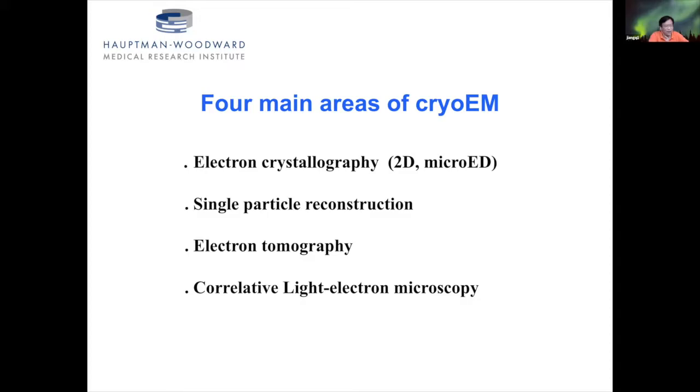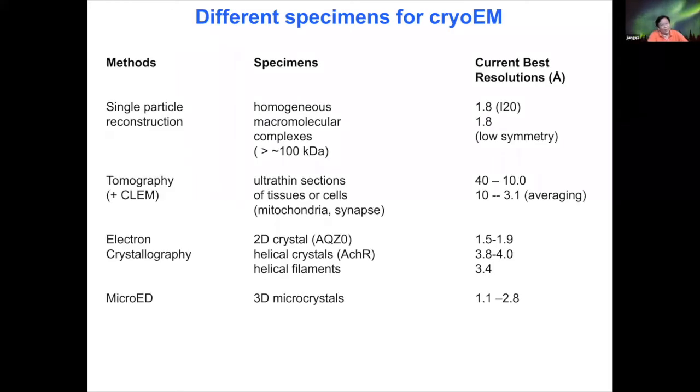So this is the general idea. With the recent development, especially in instruments, algorithms, detectors, and sample preparation methods, it's now possible to reach pretty good resolutions for most of the specimens: single particle, electron crystallography, and micro-ED, micro-electron diffraction, which are from nanometer size to three-dimensional crystals.